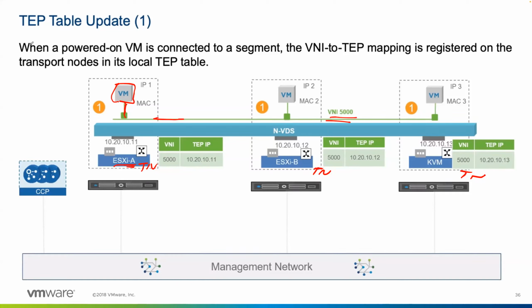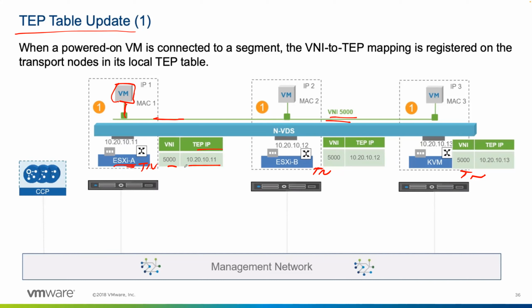For example, here is how to create the TEP table. We have a VM whose VNI is 5000 and the ESXi-A TEP IP is 10.20.10.11.